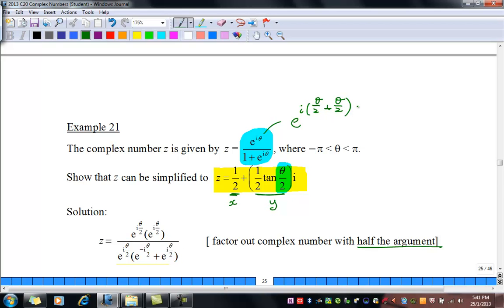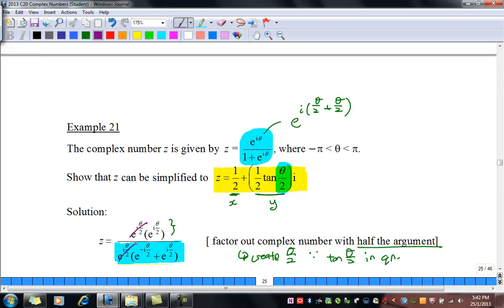That's the numerator, and hence I can rewrite it as this, while in the denominator I can rewrite it as this. And this is purely to create the theta over 2 because of the tangent theta over 2 in the question. Now that I have the theta over 2, things are starting to look up because I observed that I can do a cancellation this way.